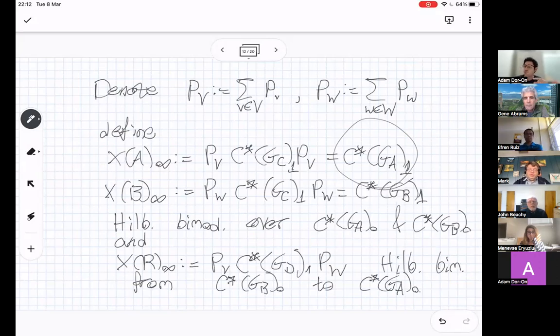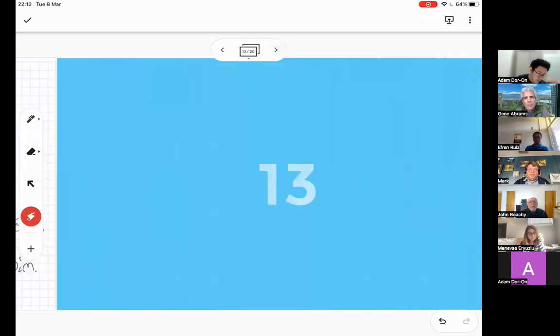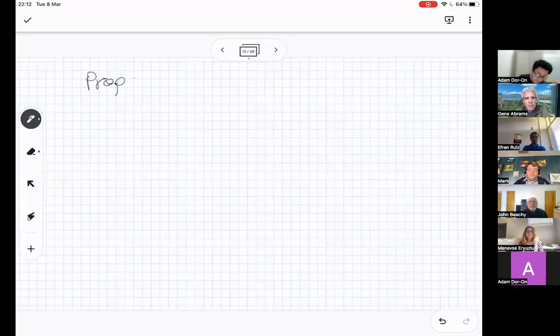We can actually prove that representable shift equivalence implies that this guy is a strong Morita equivalence between these two guys. So let me be precise as to what I mean by that. Okay, so this is the proposition.